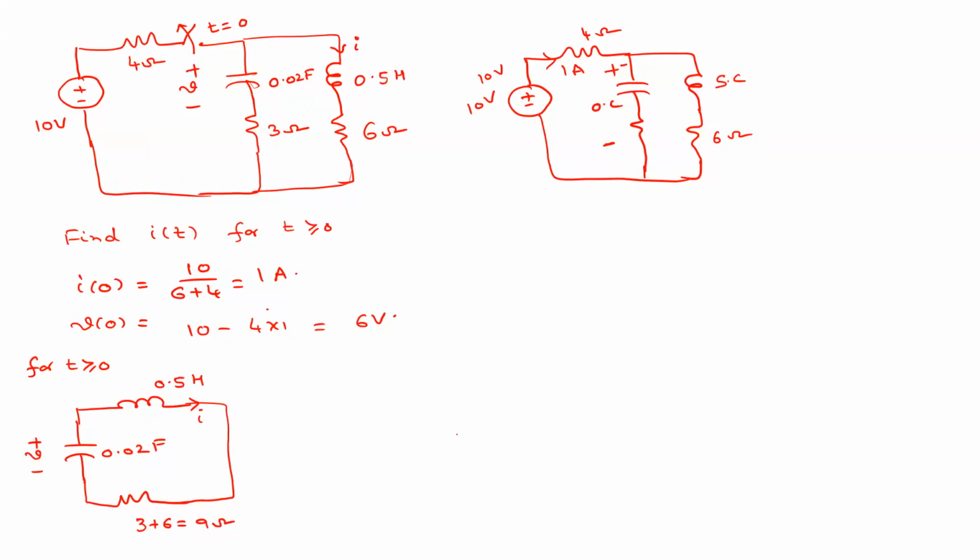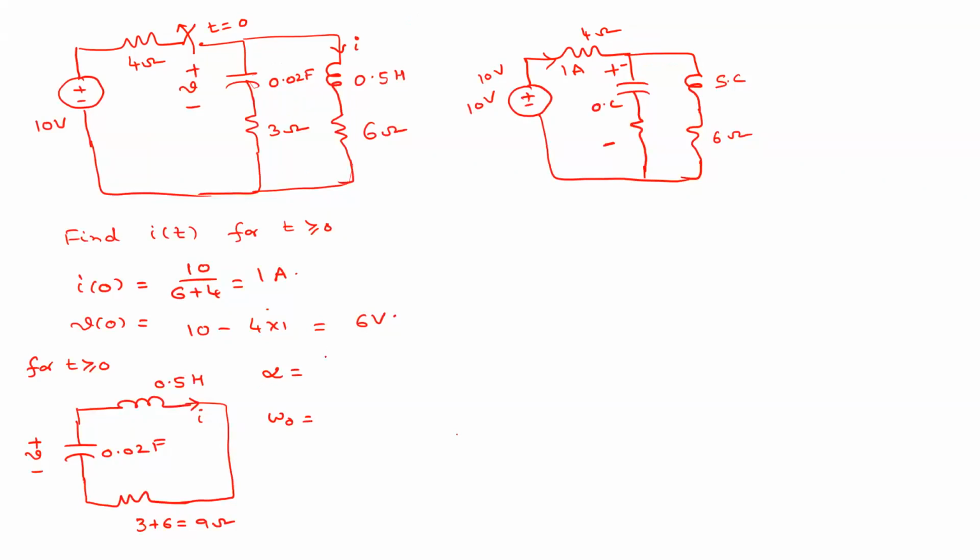Now we need to find the source free response for this circuit. We need to calculate the value of alpha and omega naught. What is alpha here?